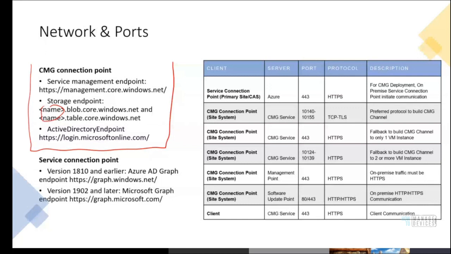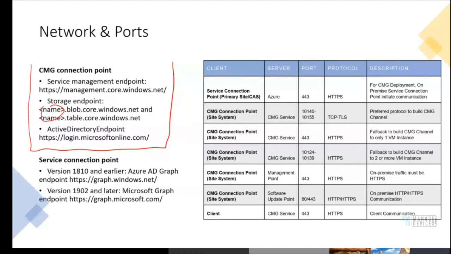Only after the deployment will you be able to open the firewall request. You may receive a request from the network team asking you to provide the client IP and server IP. In that case, you will not be able to provide it. Once you deploy, then only will you be able to provide the server IP, that is the CMG service IP.